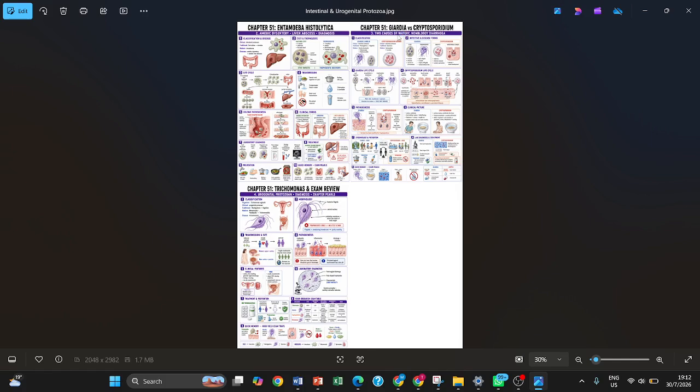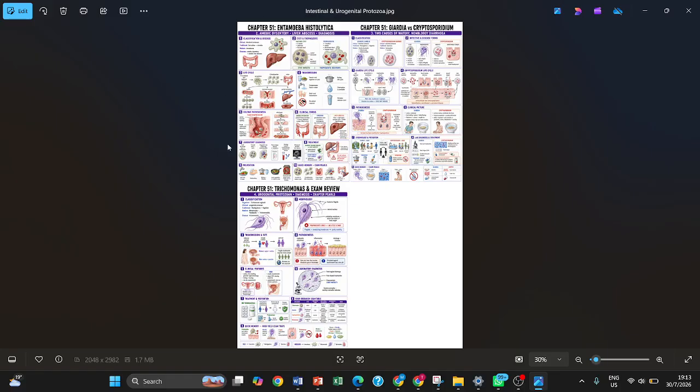So we now need to identify where each organism affects. You've got three organisms affecting the intestines and one located in the urogenital tract. The three are the ones here on the top: Entamoeba histolytica, Giardia, and Cryptosporidium. And the one that affects the urogenital tract is Trichomonas, right?